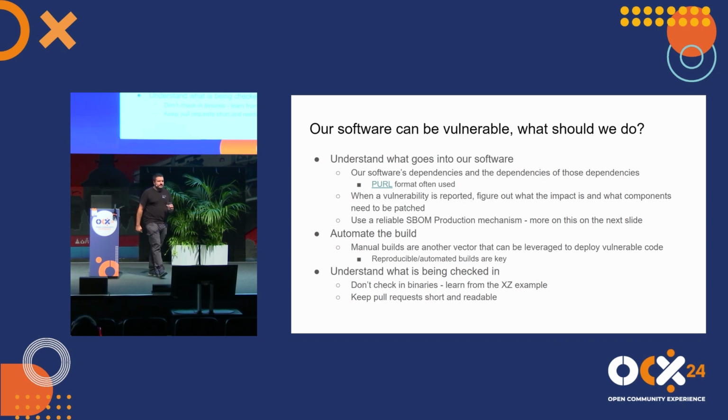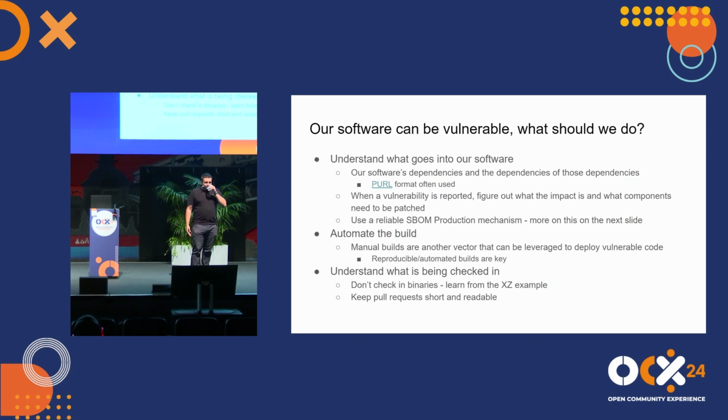So we've established that our software can be vulnerable. What do we need to do? First of all, we need to understand what goes into our software. Our software's dependencies, and the dependencies of those dependencies, can all be vulnerable. The way we describe what's in our software is by using the PURL format. There was a great talk yesterday morning by one of the people driving the PURL standard.